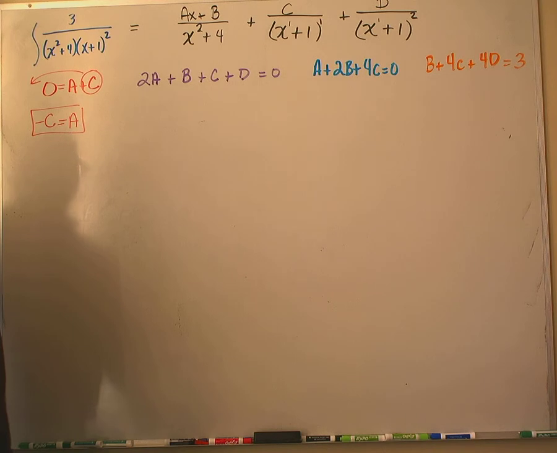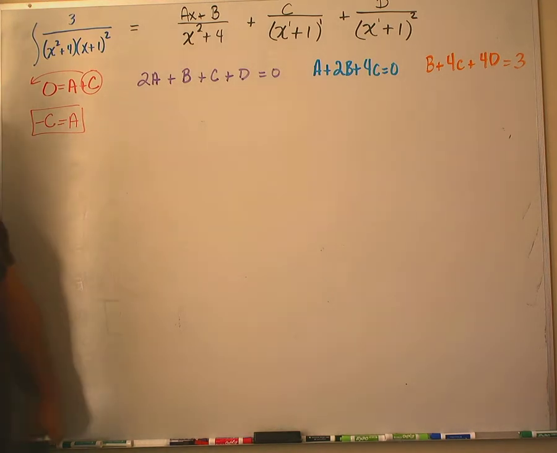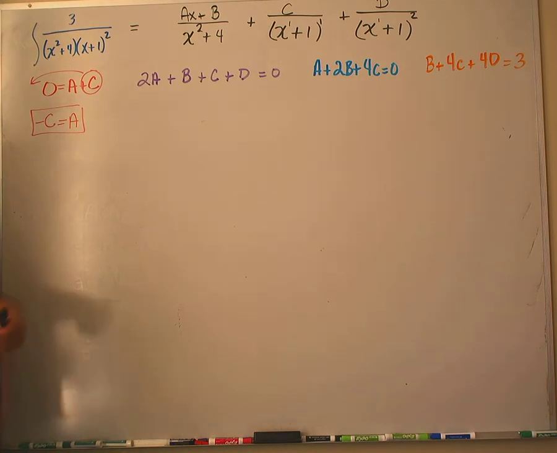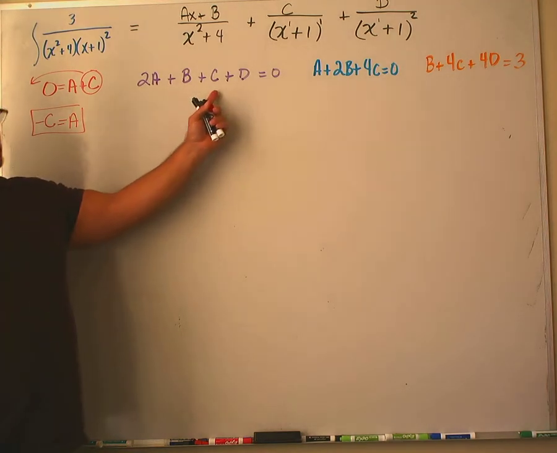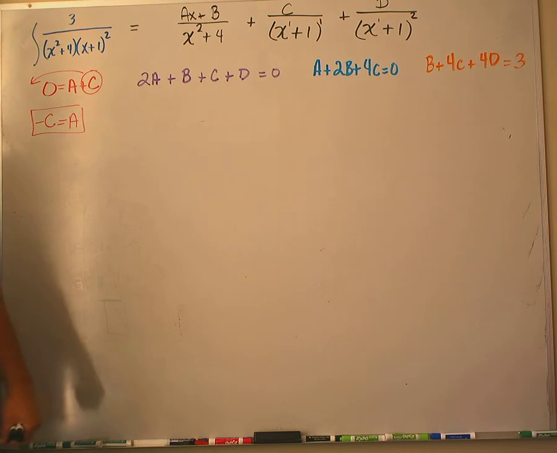And we can take that, A is equal to negative C, and plug it in where we have 2A plus B plus C plus D. Right here, we can plug it in, and we can also use the A plus 2B.